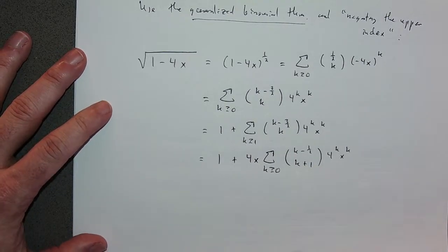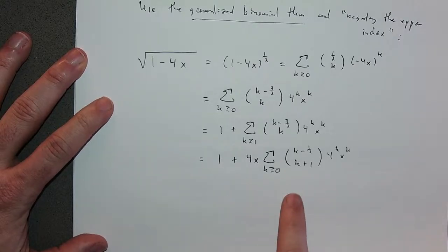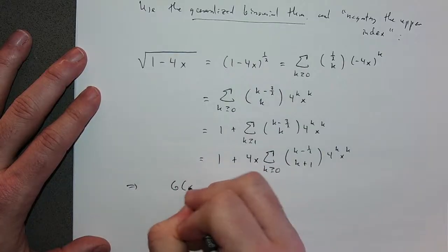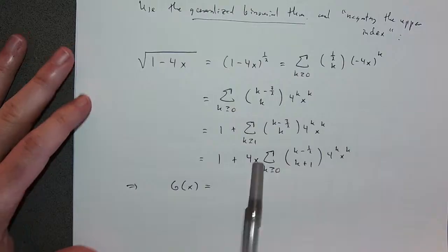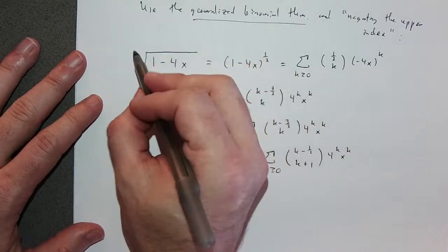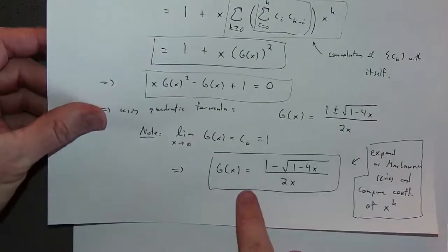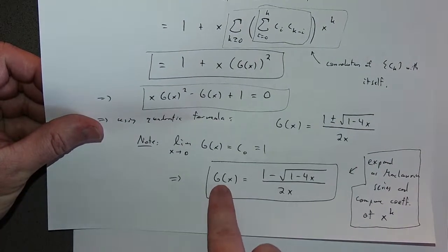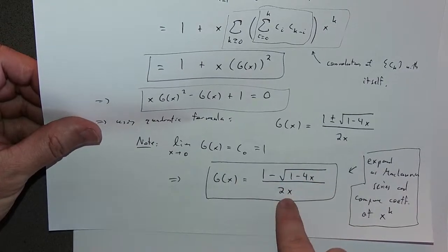So, combining these all together now, this implies that g of x is, so this is just the root 1 over 4x term. G of x is this. It is 1 minus the square root of 1 minus 4x over 2x.